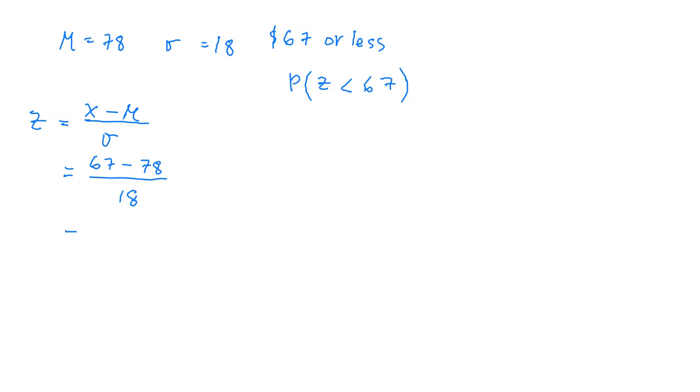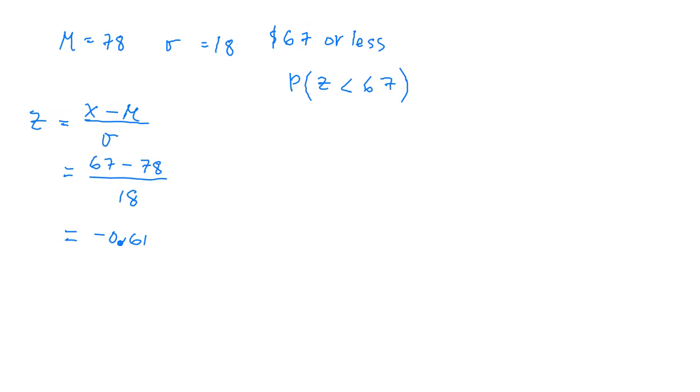I'm going to have negative 0.61. Right? So that's how you get the z-score.